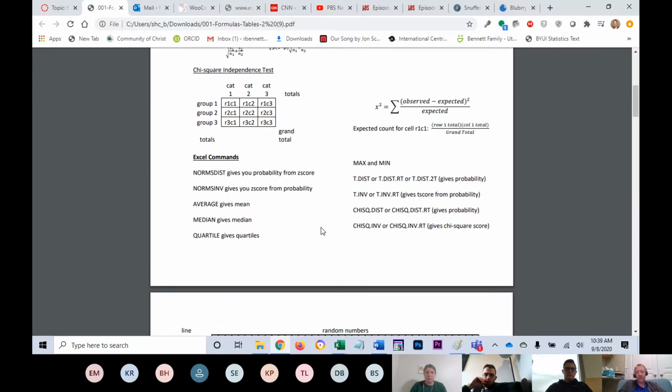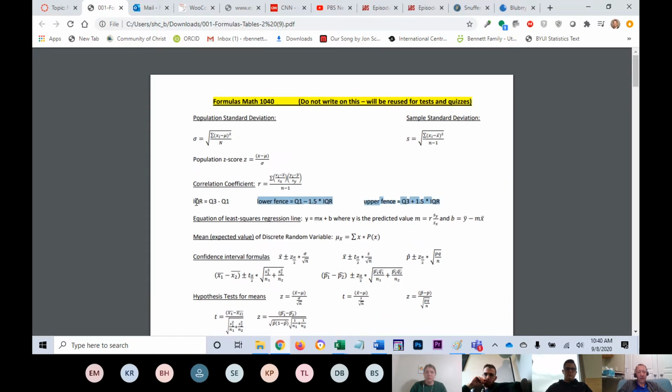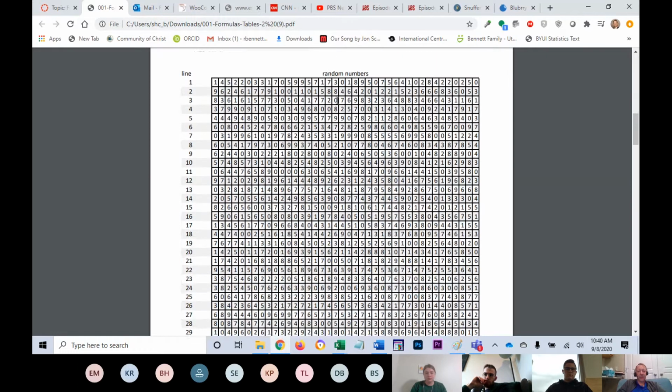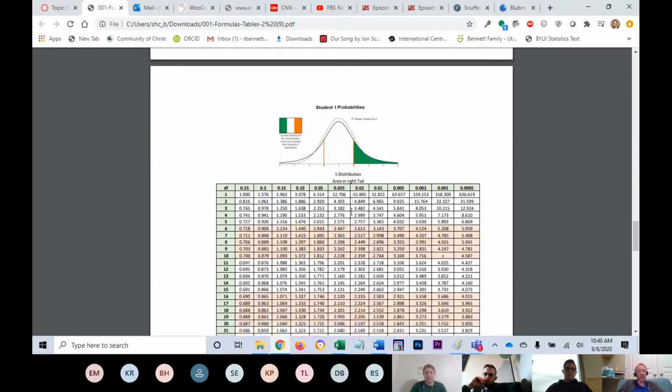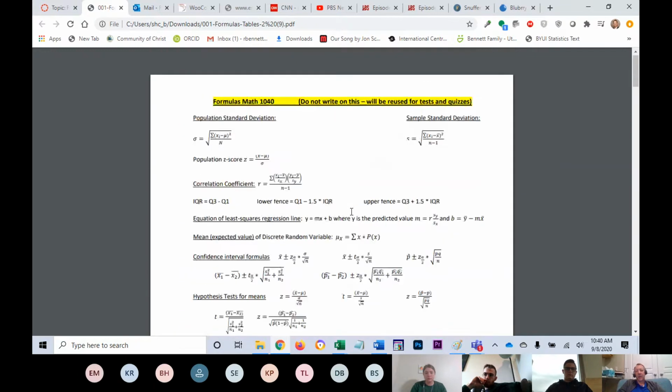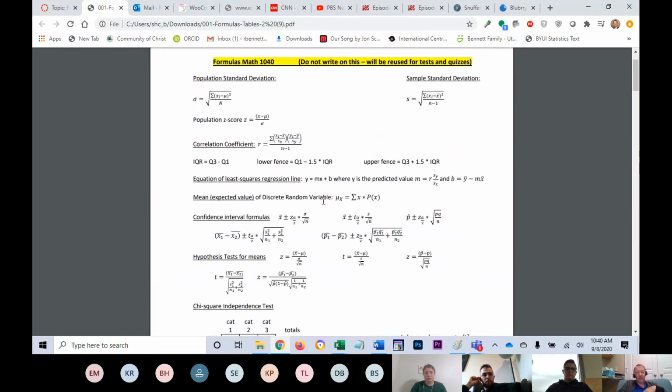So the main formulas you're going to need for this test are these three right here and these two right here. Now, I've also got a random number table, a normal distribution table, and all this other stuff. You won't need most of that, but you will need this first page. So I will give you the formula for both the population standard deviation and the sample standard deviation.